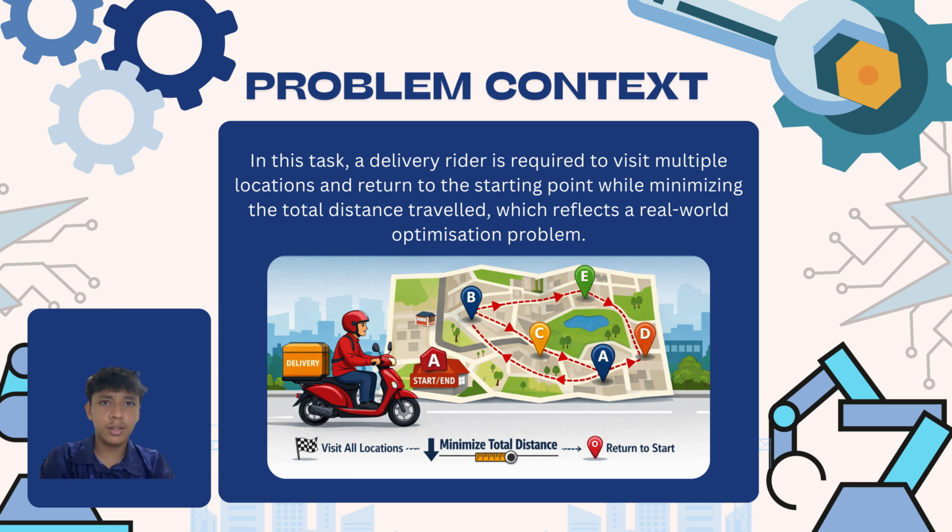The main challenge in this problem is to determine the most efficient route among many possible routes. Since each route results in a different total distance, we need to carefully analyze and compare the options before making a right decision. This makes this problem more complex and realistic, as it reflects a real-life situation where efficiency and cost reduction are the most important.